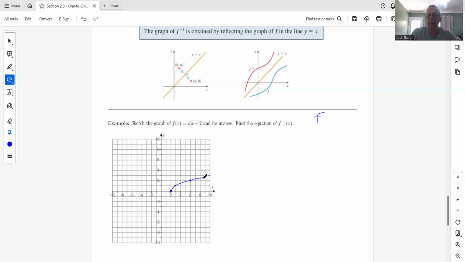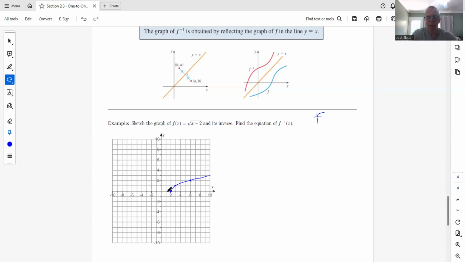So now what does the inverse graph look like? Well, you can plot, we have 3 ordered pairs, and also you can kind of get an idea of what this looks like based on what would be the inverse. What's the opposite of a square root? The opposite of a square root is a square. So the inverse of this function must be a quadratic.